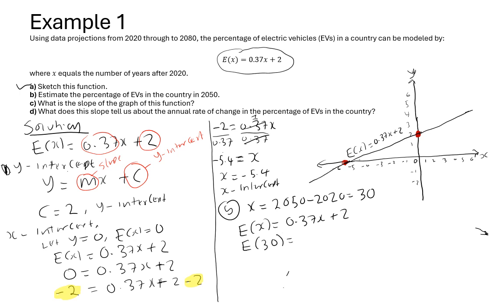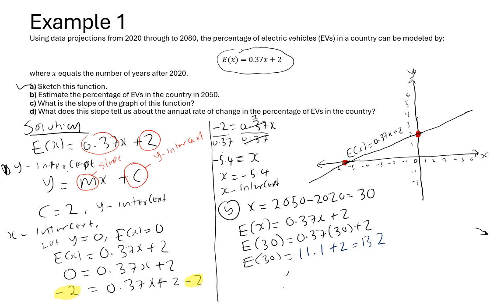Since our x is 30, we replace this x with 30. E of 30 is equal to 0.37 times 30, which gives us 11.1, plus 2, and this gives us 13.2. So the percentage is 13.2% in the country in 2050.